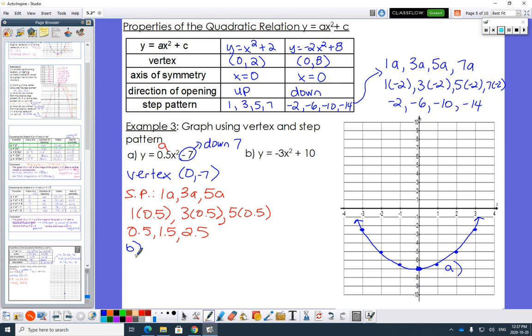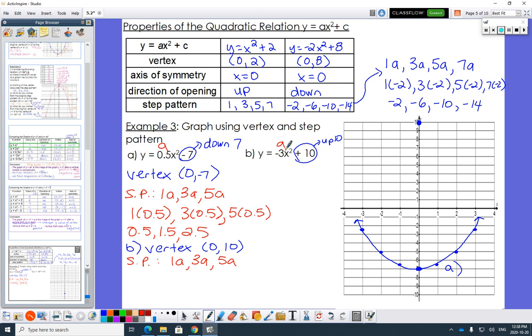So now B, the vertex is plus 10, so that means up 10. Our A value is now -3. So that means our parabola, you're going to go down instead.